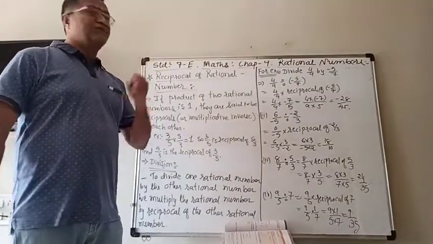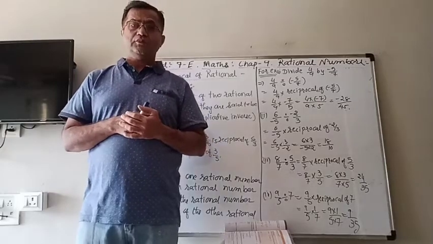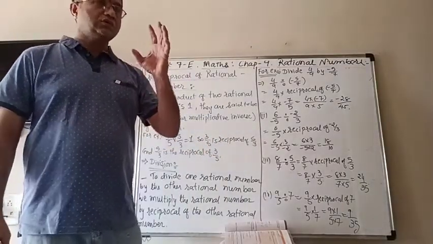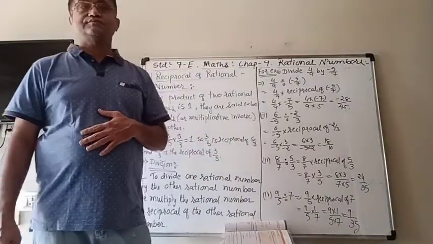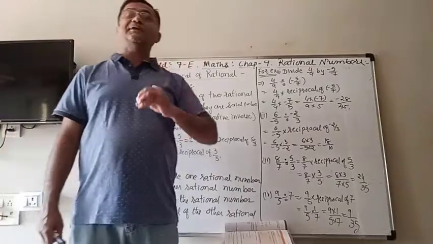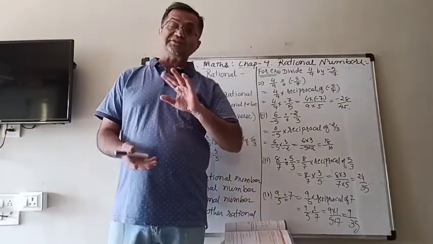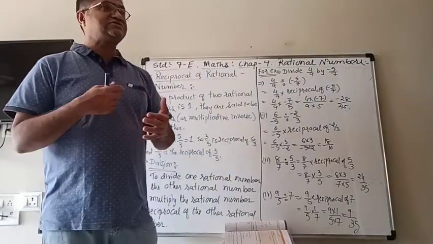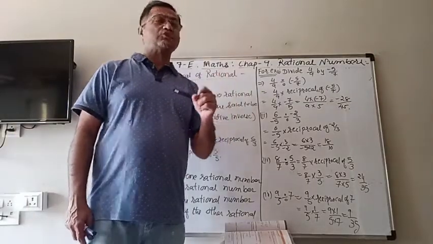Now, before we go to the division of the rational numbers, one thing we have to recall is the reciprocal. Reciprocal of a rational number. We already learned in the chapter of fraction what is reciprocal. Reciprocal of a number is such that the product of them is equal to 1.